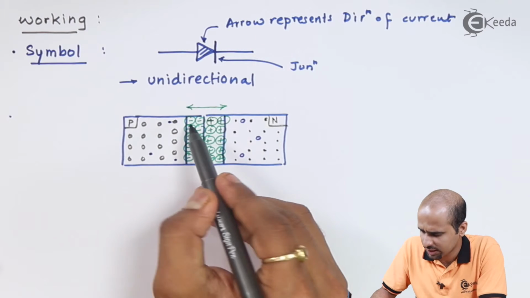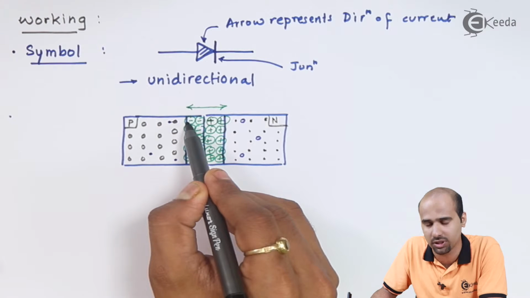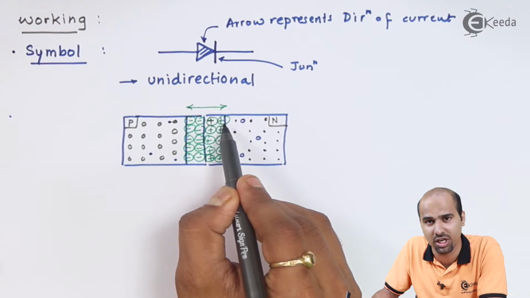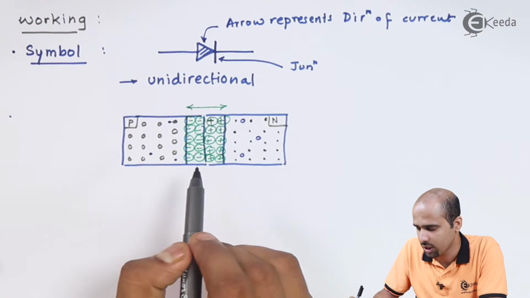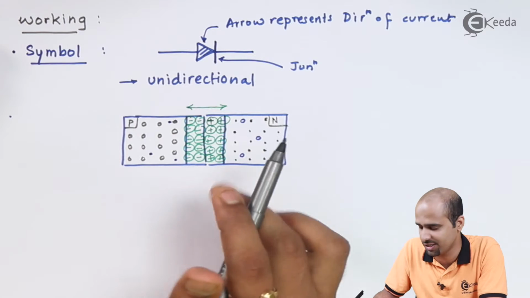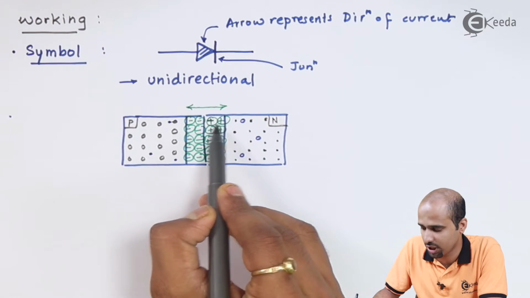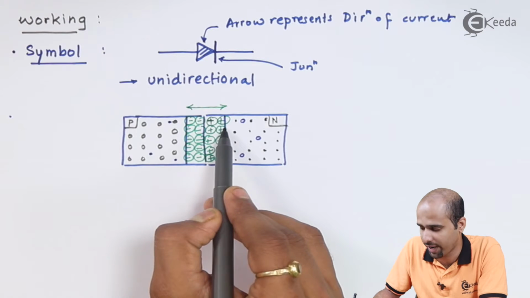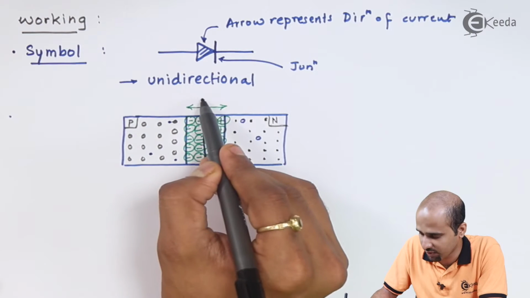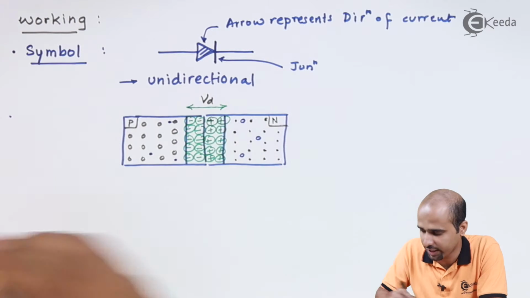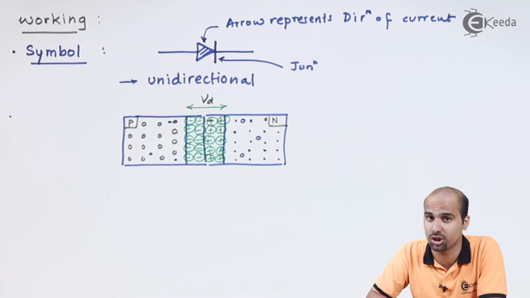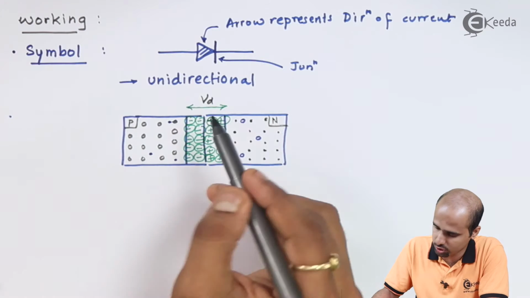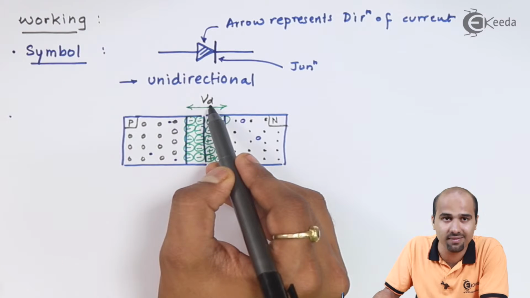This is because this side has negatively charged ions and this side has positively charged ions, so there will be a fixed potential difference in between the junction from N type to P type. Whatever potential I get is called the junction potential. This is denoted by VD.